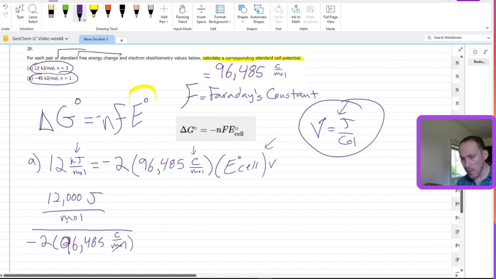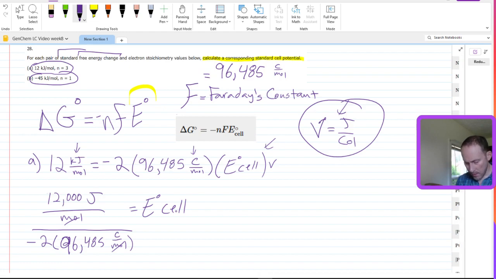And here our per mole cancels out. And here's our joules per coulomb, which is replaceable with volts, and that's going to equal our E cell. So negative 2 times 96,485 is negative 192,970.